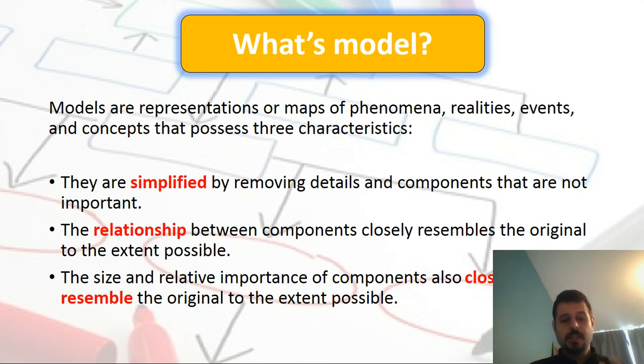Also, the relationships between components closely resemble the original to the extent possible. So the model can illustrate to us the relationship between components, and in a process model we determine the relationship between roles and their tasks, and business roles and events.